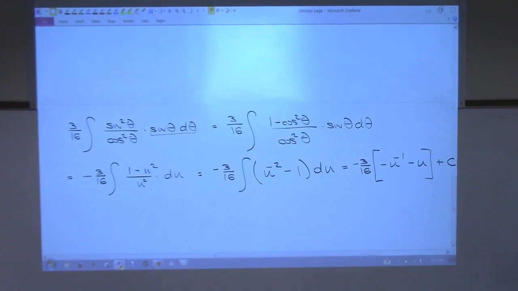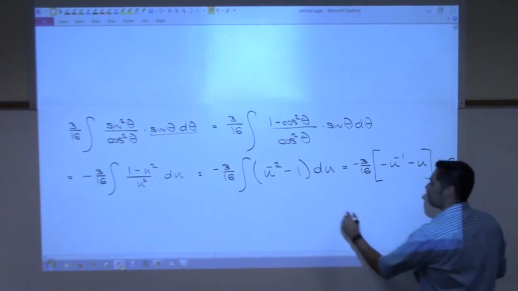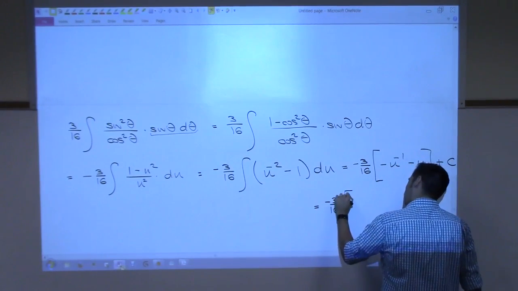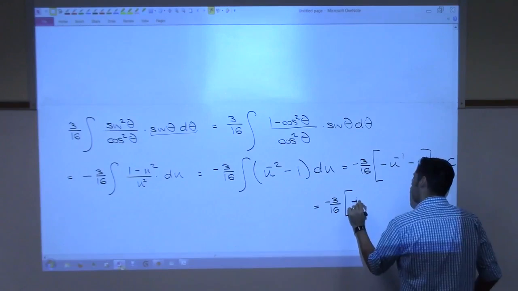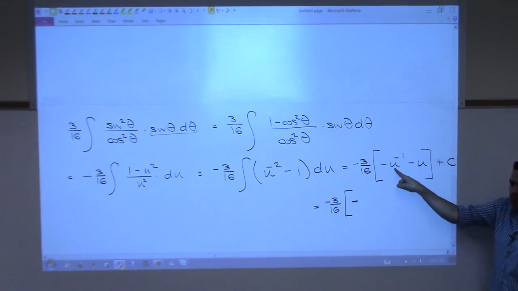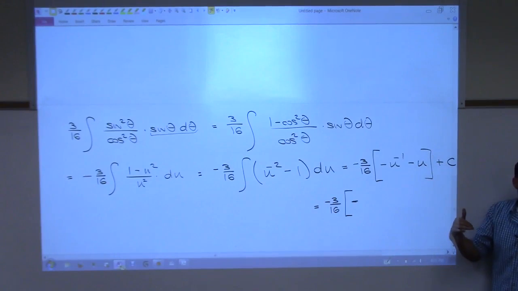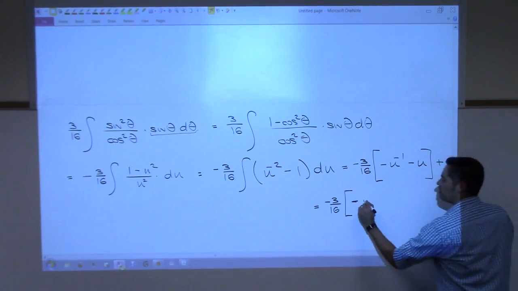And then we got to do cosine. Yeah, let's go back to cosine, then we're going to go back to x. All right. So u is cosine theta, right? So this becomes negative 3/16 times minus, all right, this is cosine theta to the negative 1, which means 1 over cosine. Secant. So this is secant theta.